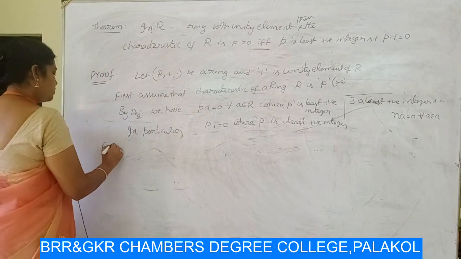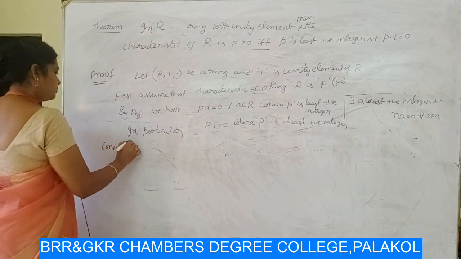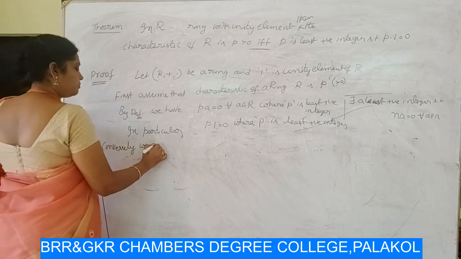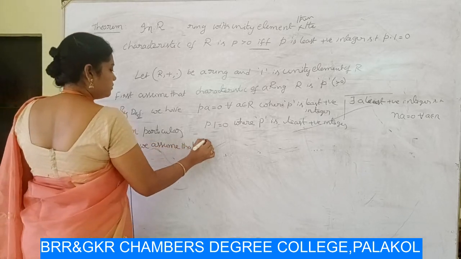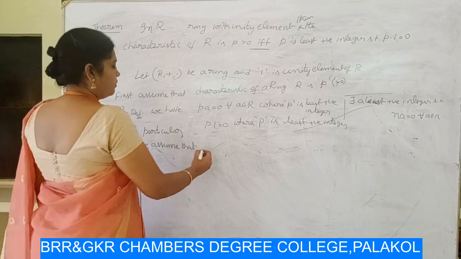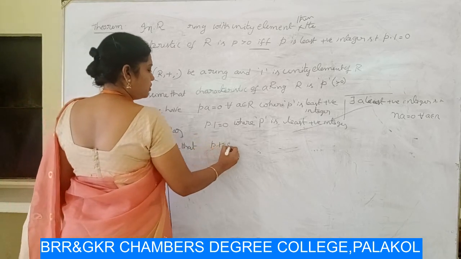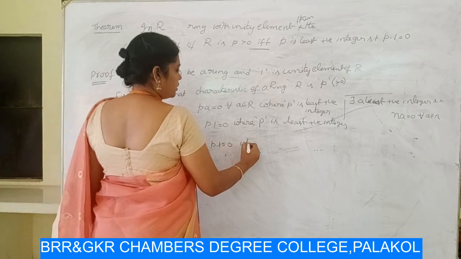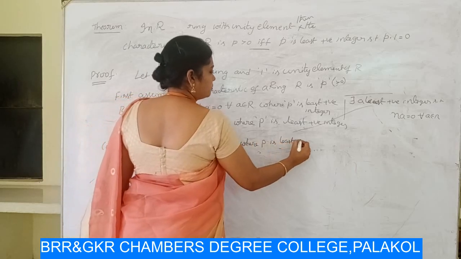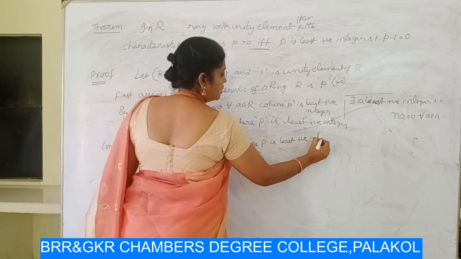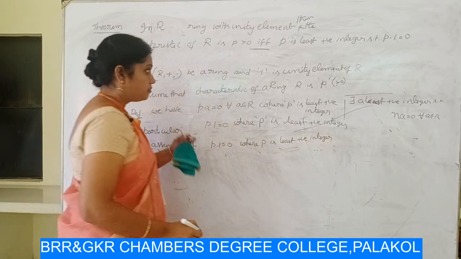So we proved the first part. Now conversely we assume that P into 1 is equal to 0 where P is the least positive integer.